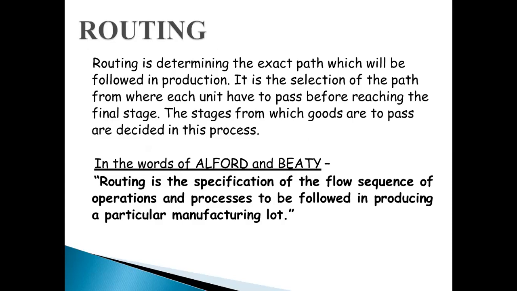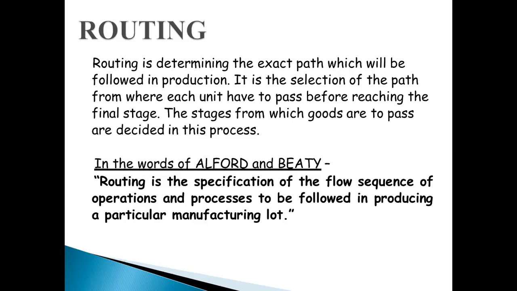So for every such production we have to make a route chart. A route sheet is to be prepared, which should specify the sequence of processes, equipment, material and operations in a particular manner, right?